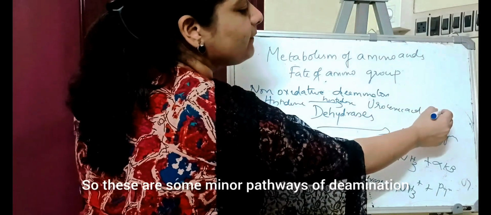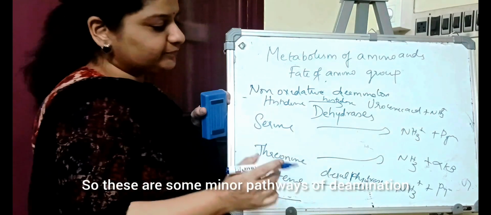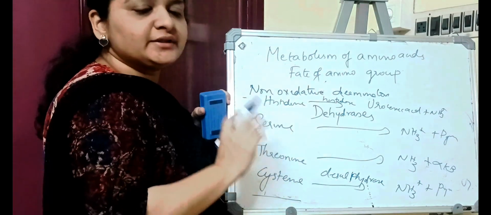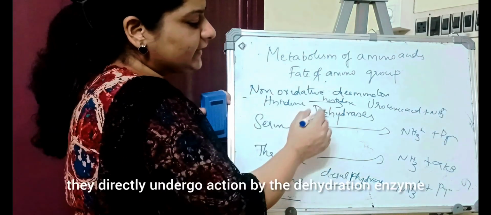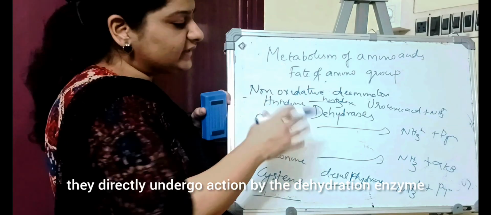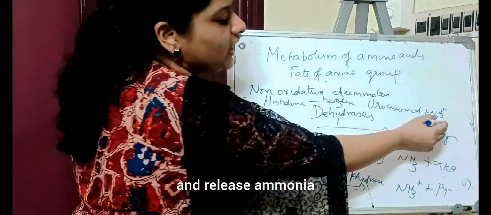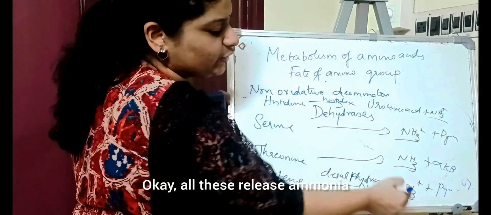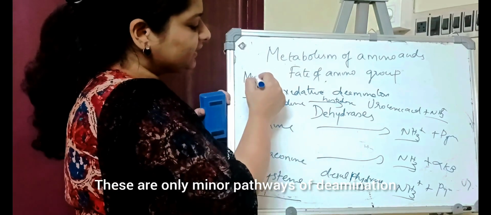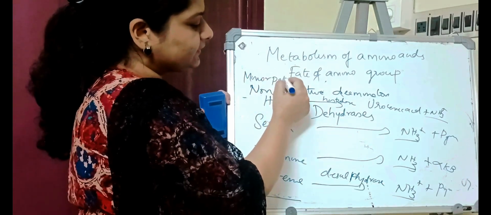So these are some minor pathways of deamination. Non-oxidative deamination does not undergo oxidation; the amino acids are directly acted upon by the dehydratase enzyme and release ammonia. These are only minor pathways of deamination.